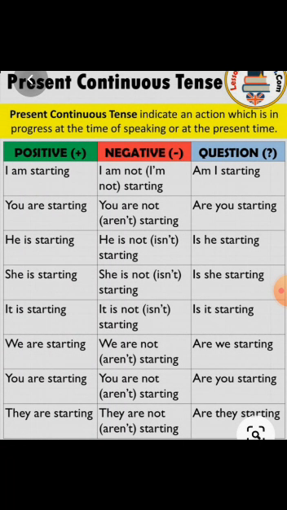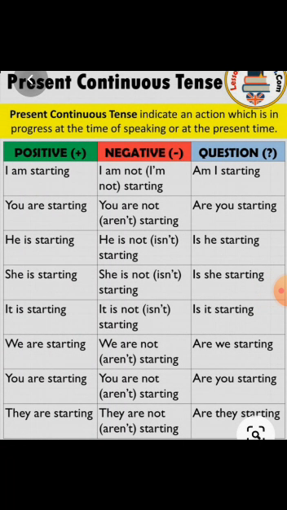So in this, the positive is: I am starting. The formula is subject plus is/am/are. I don't think I need to tell you with which subject we use is. Definitely he, she, it, or a singular subject we use is.